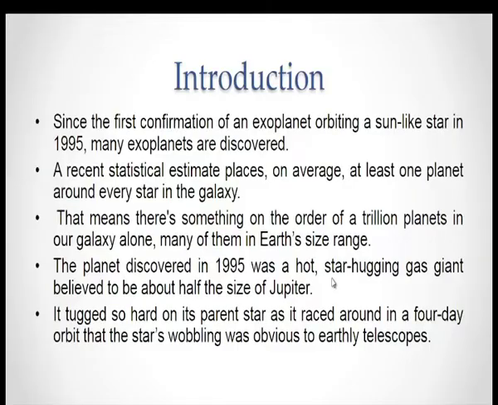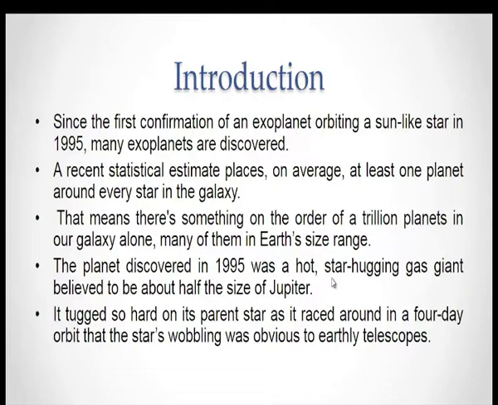So if a planet found by an astronomer fulfills that definition, then it can be approved as an exoplanet by the International Astronomical Union. Since the first confirmation of an exoplanet orbiting a sun-like star in 1995, many exoplanets have been discovered. A recent statistical estimate places on average at least one planet around every star in the galaxy. There are many stars.